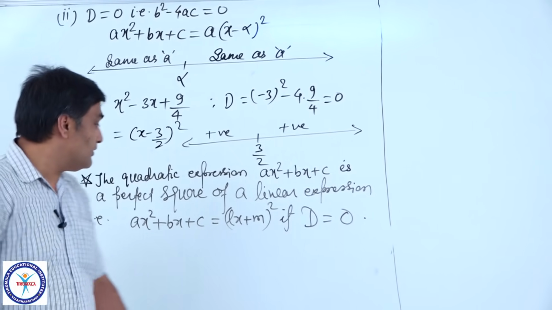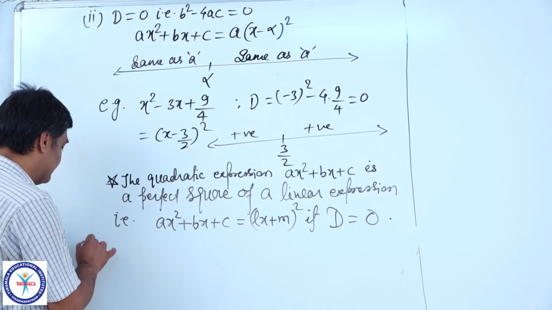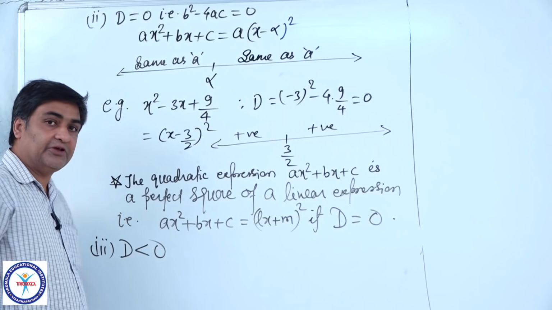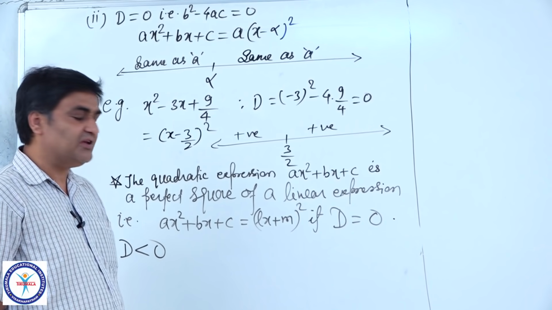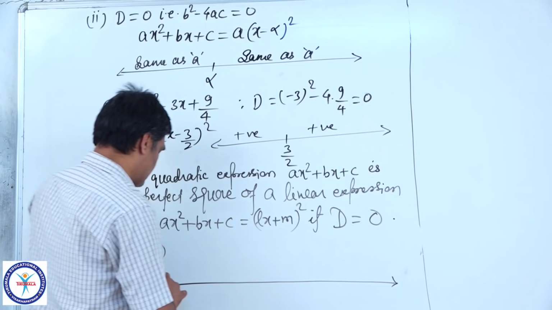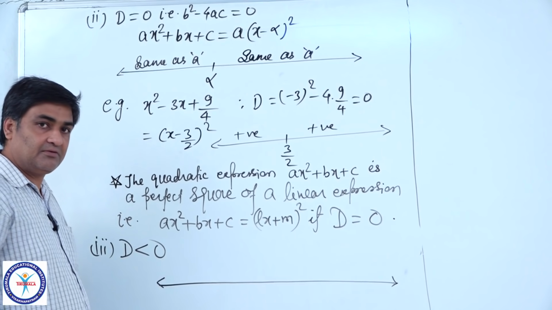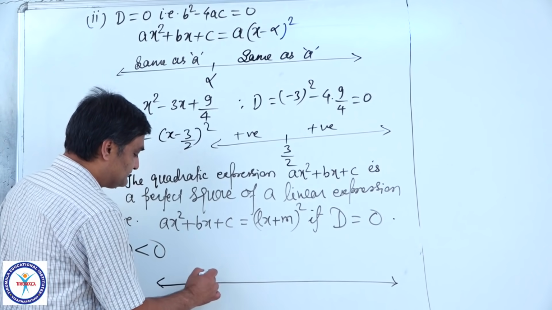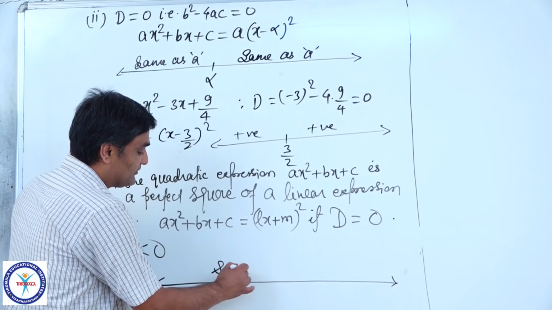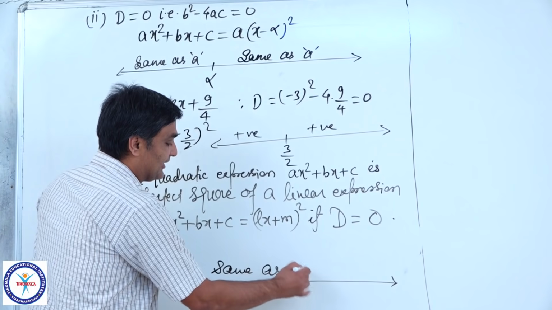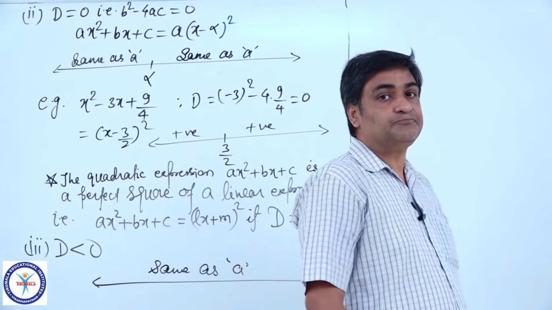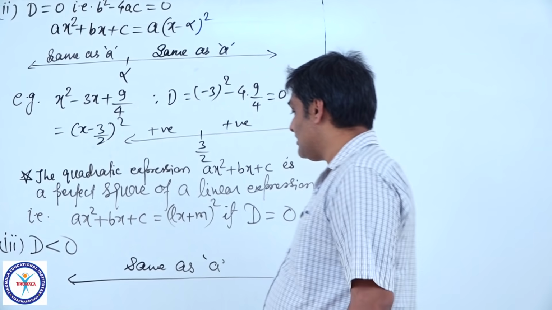Okay. Now, third case is d less than 0, means no real root. So, on the number line, it is what? We can't write any root on the real number line. So, it is same as a, means same as coefficient of x square.